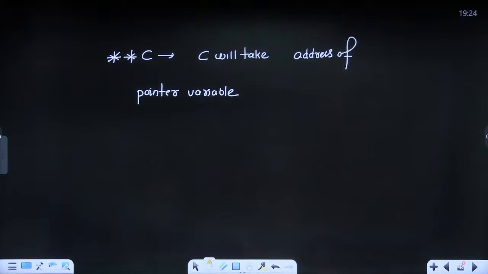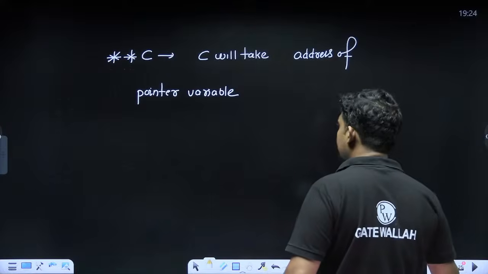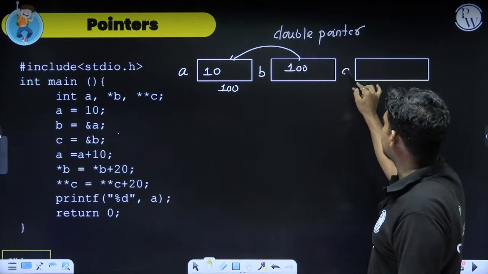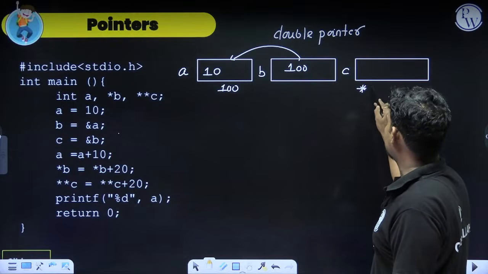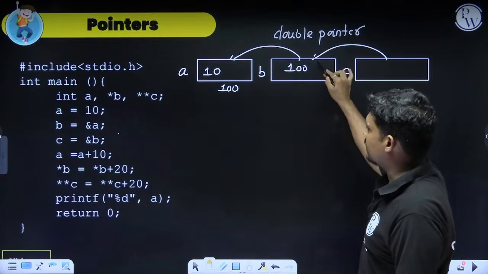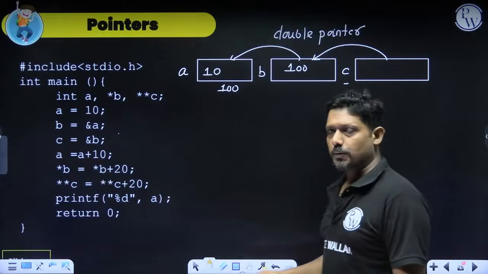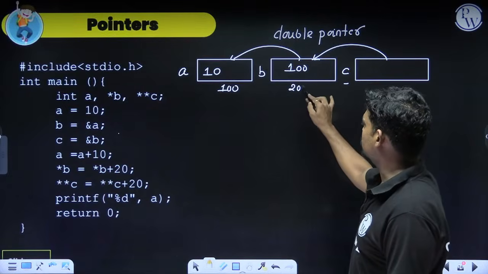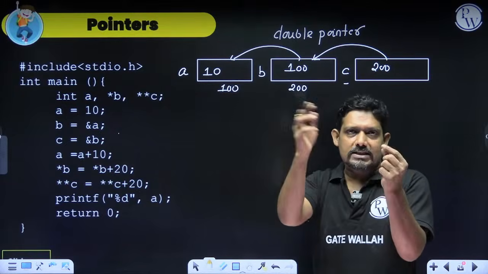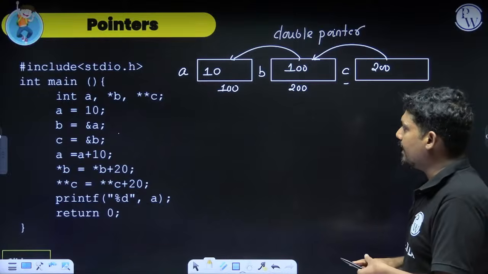Okay. Double dereference. How does it look in the diagram? So let's see this, C is a double star C, and now C will take the address of B and it will go in this way. Suppose this address is 200, so now it will be 200. Now you put more and more star, so it will keep on incrementing in this manner.